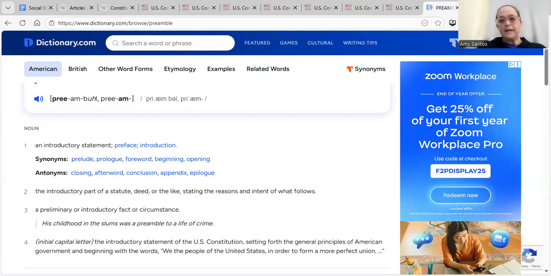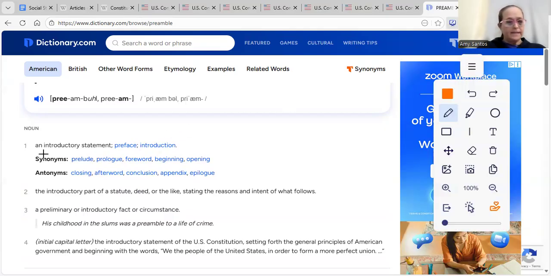It also gives you synonyms. Synonyms are words that mean approximately the same thing, not exactly the same thing. And then it also gives antonyms, and antonyms mean the opposite of what it means.